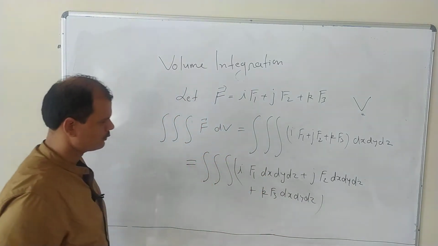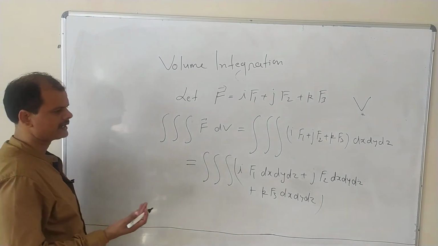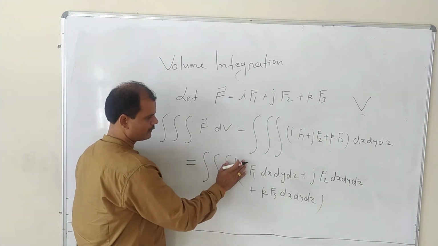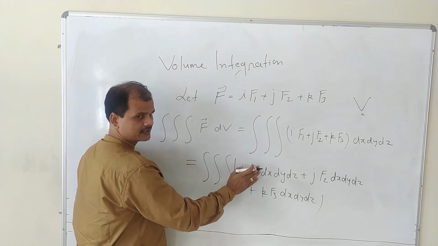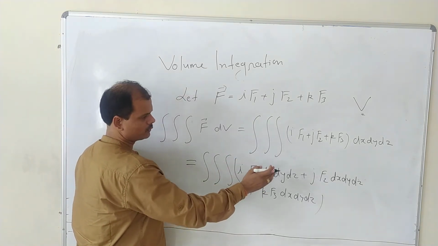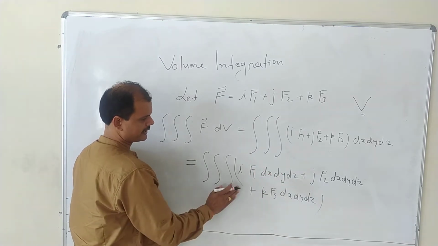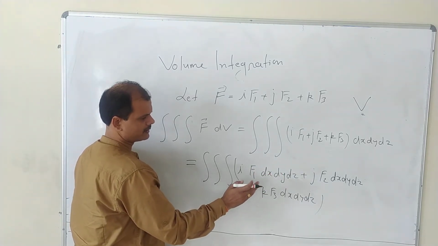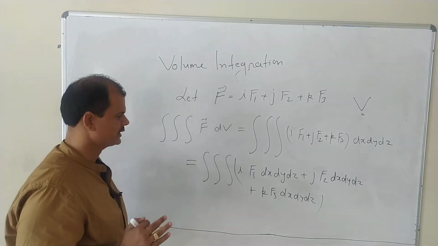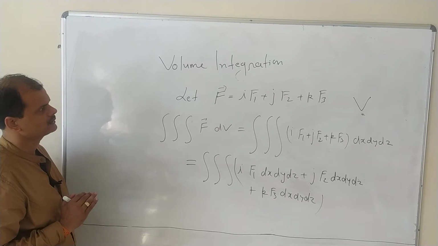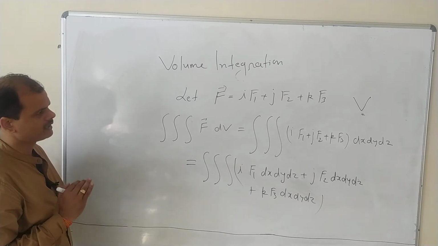So this is your volume integration. Or we can have the three integrations: one will be i into f1 dx dy dz plus j into f2 dx dy dz plus k into f3 dx dy dz. So we can have such 3 integrations. Fine. So this was the volume integration of vector f.